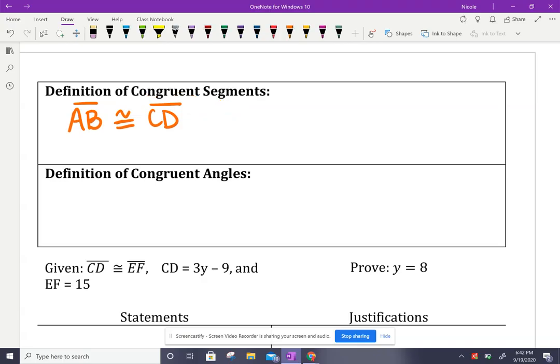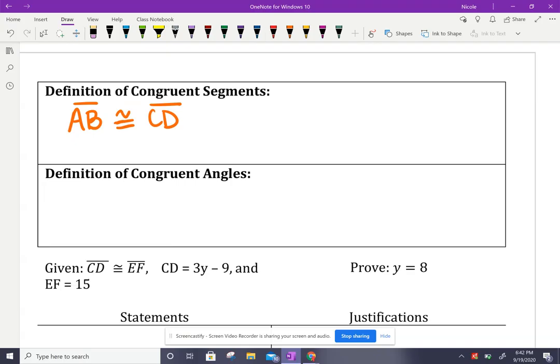Now, the definition of congruent segments helps us transition to talking about two things. Segment AB is a thing and segment CD is a thing, and those being congruent to each other changes the conversation into the measures of those segments.